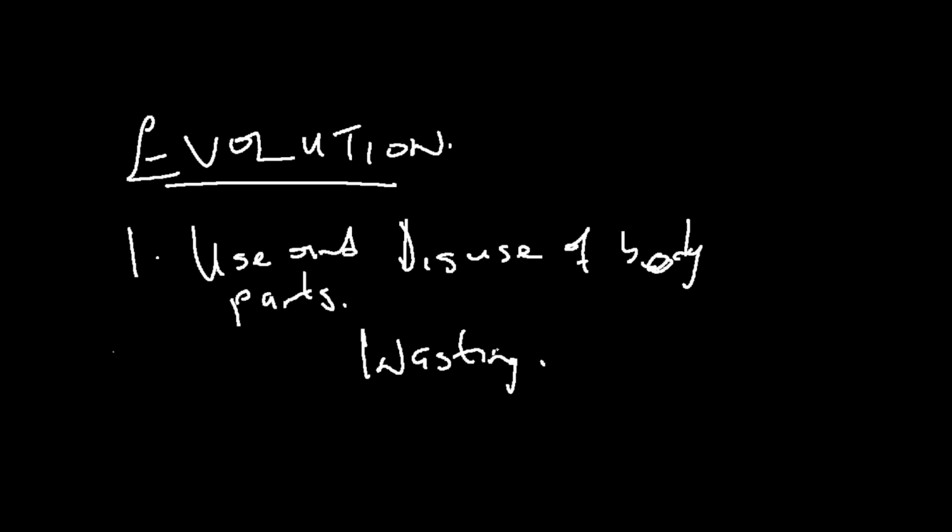So some of the examples he gave was talking about the giraffes. He said that the earliest form of giraffes had short necks. And so he cited an example of what happened to the giraffes, while the ancestral giraffes had short necks, and the ones we have these days have long necks.